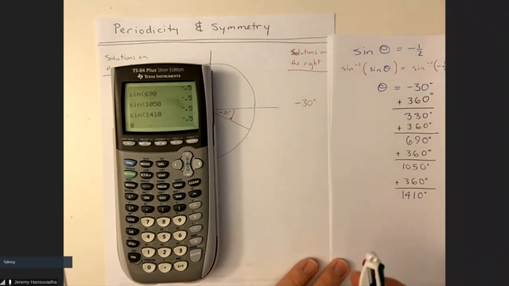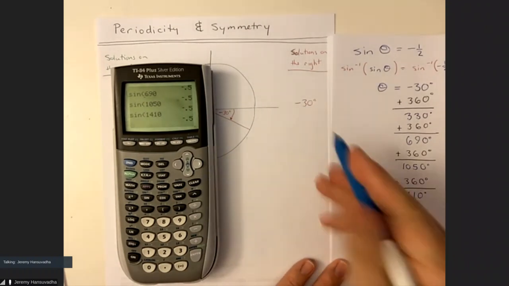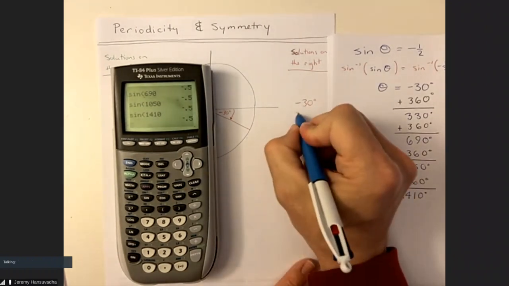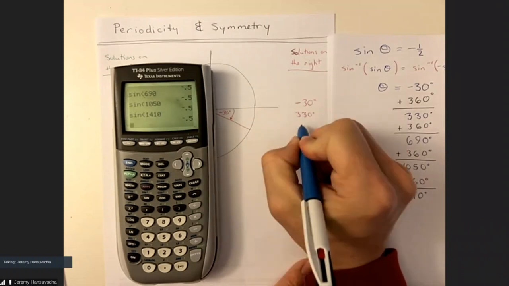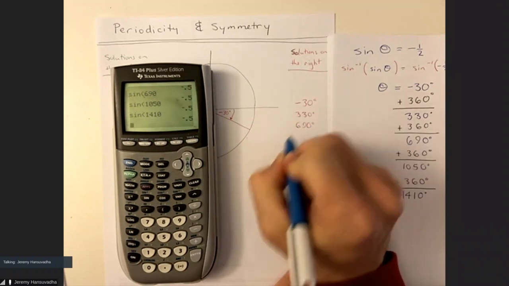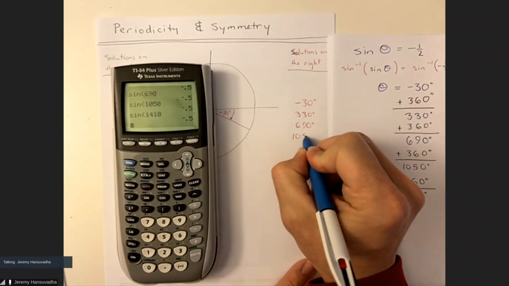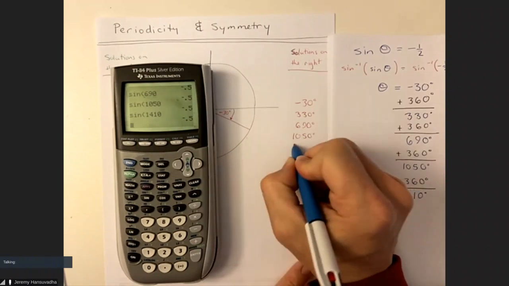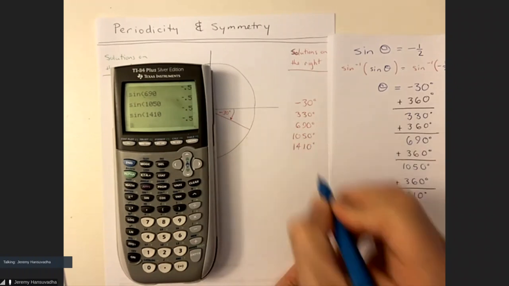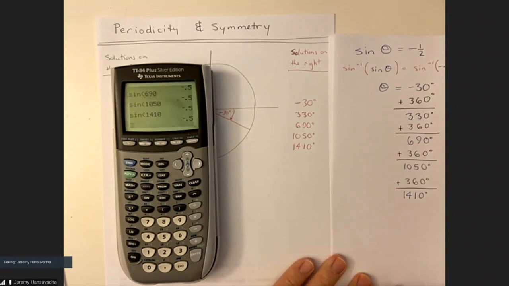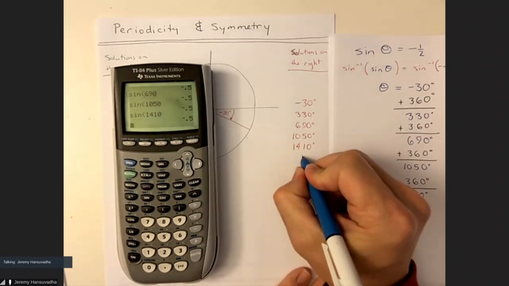So I've got negative 30 as a solution. I've got 330 degrees as a solution. 690 degrees as a solution. 1050 degrees. 1410 degrees. How many more solutions are there? Well, there's going to be an infinite number, so I'm going to put a dot, dot, dot.